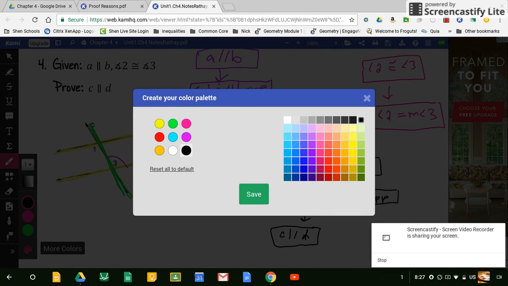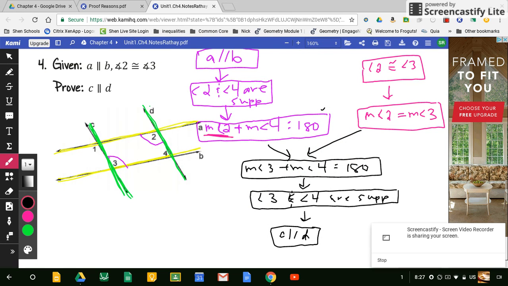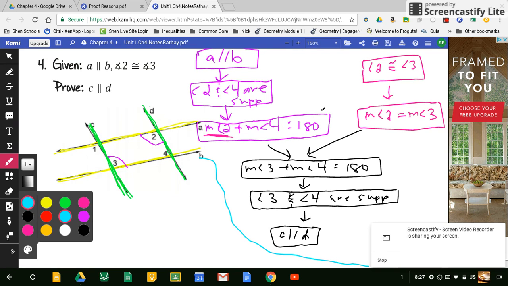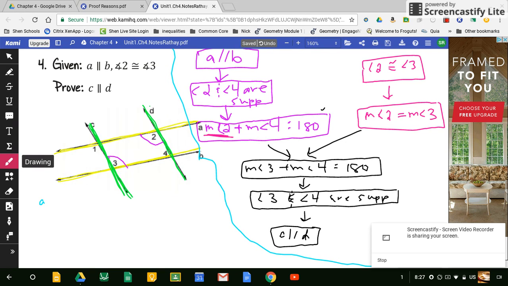Sometimes it's worth it to take an extra 2 or 3 minutes looking at the diagram. I have that A is parallel to B. So here's method 1. Method 2. A is parallel to B. Given. That tells me angle 2 is congruent to angle 5. We are allowed to add numbers to a diagram.